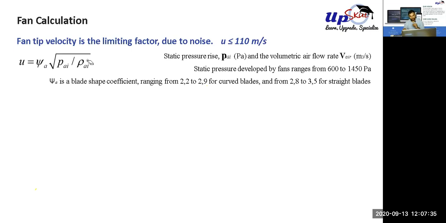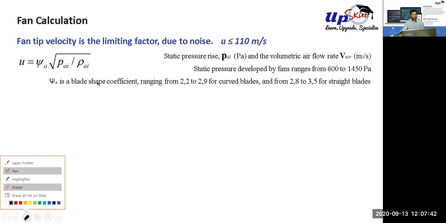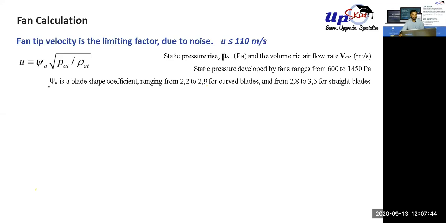And the psi is a blade shape coefficient. It is different for different blades, and your supplier will provide this information, like which shape coefficient is the current fan. So you can get this information from a brochure of the supplier.